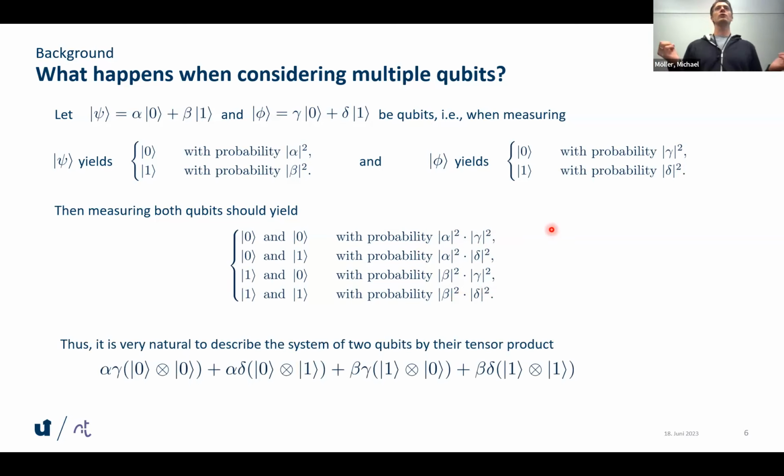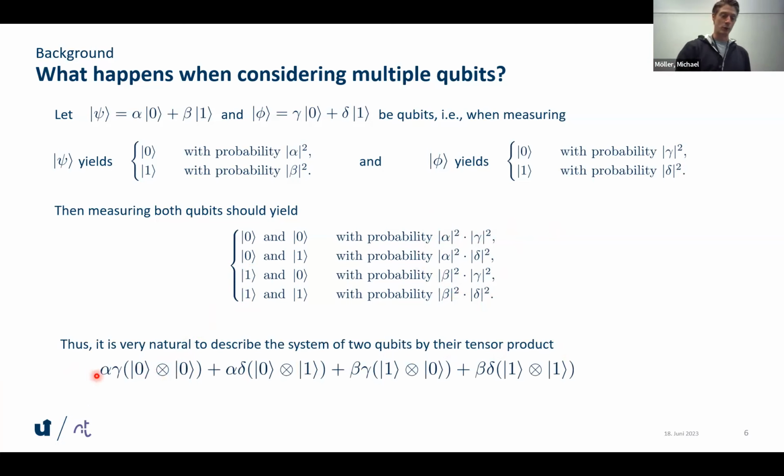So it's quite natural to say, if I have 2 qubits, let's represent the system by taking the tensor product of the 2 representations. Because in the tensor product, you take all products of all components. So you essentially expose these products with the corresponding states in a single description.